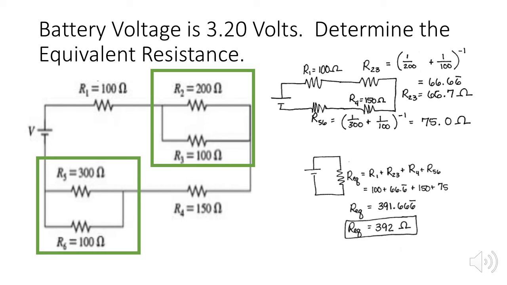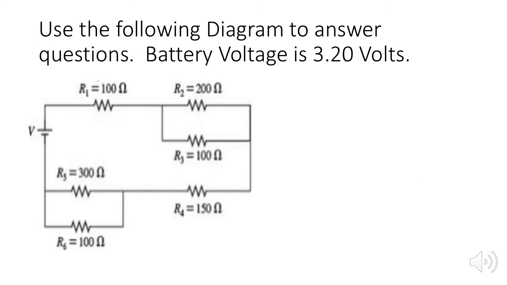Okay. The next question in our packet is, now that we know the equivalent resistance, determine the total current coming from the battery. To get the total current, we're going to need to use our V is equal to IR. Simple enough, that's our Ohm's law equation.